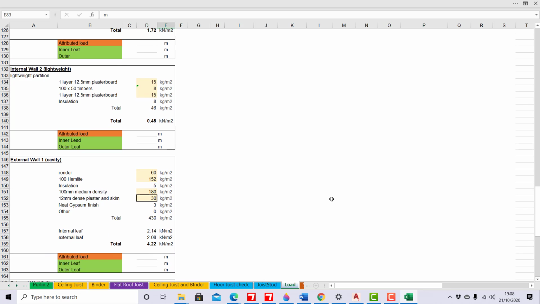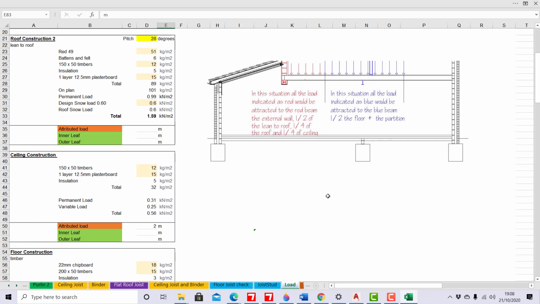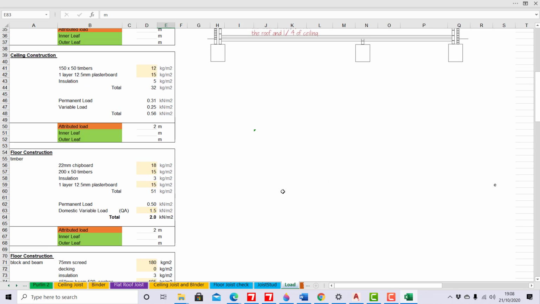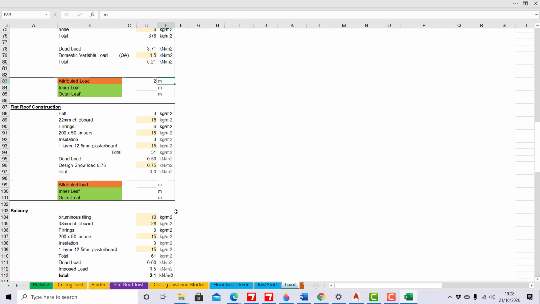Now the external wall is going to be around about 5 meters. So it would be 2.3 plus, say, 0.3, that's 2.6, plus 2.3 takes you up to 4.9, and then probably another 3.3 on there, so it takes up to about 5.2. But again, you scale that off, or you measure it off, and you put your 5.2 in the attributed load.